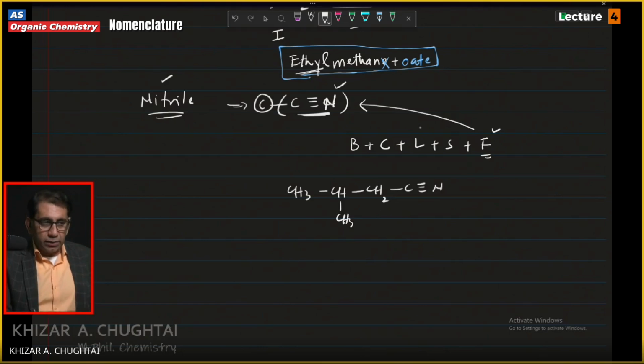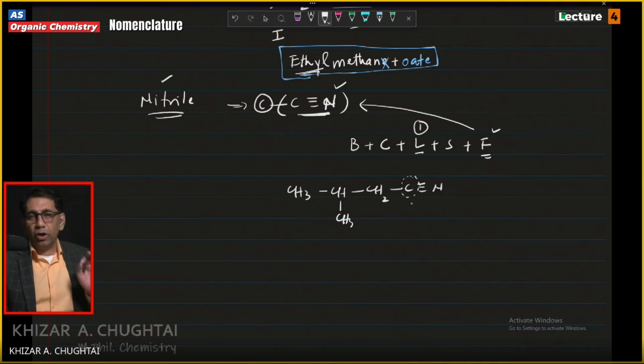So the first step is to select the longest chain of the carbon atoms. And this carbon must be included. It must be part of the longest chain. So one, two, three, four. If I'm taking a left turn, then this carbon will not be part of the longest chain.